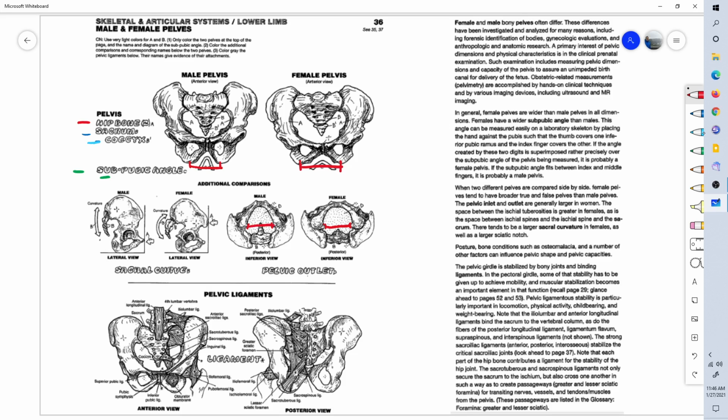And lastly, this distance here between the coccyx and the ischial spine is greater in females than it is in males.